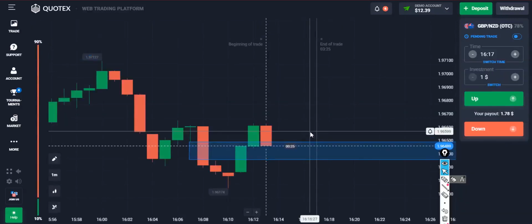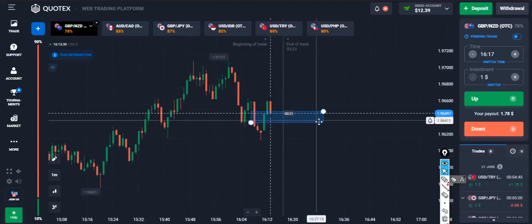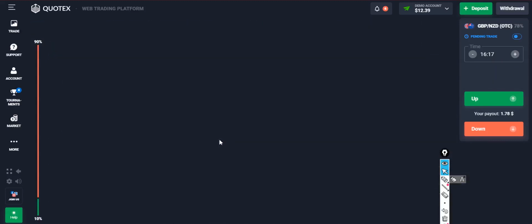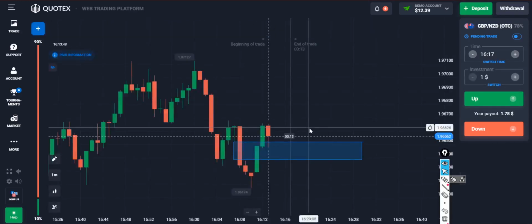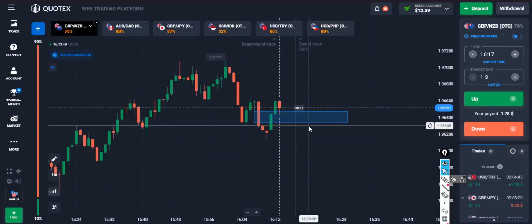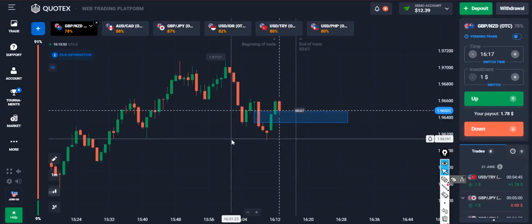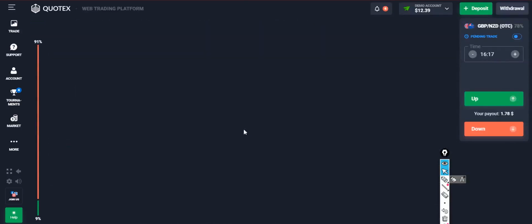If there's a green candle after this red candle, I'm gonna take an up call. The problem is that I'm not sure if it is an uptrend or a downtrend. When I take a trade, it needs to be a clear uptrend or a clear downtrend.